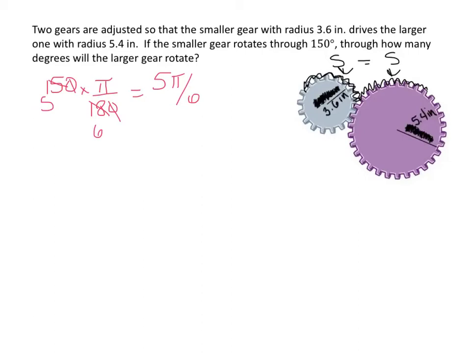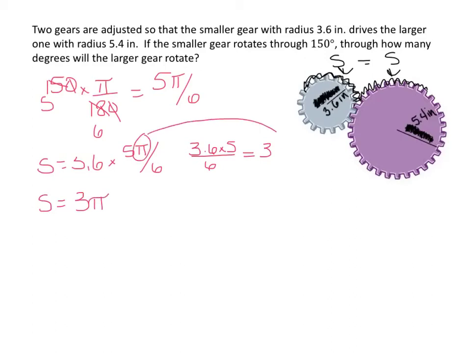So now I take 3.6 inches times 5 pi over 6 radians. What I've put into my calculator is 3.6 times 5 divided by 6, and I got 3. What that tells me is my arc length is 3 pi, because we can't forget that pi goes with this.